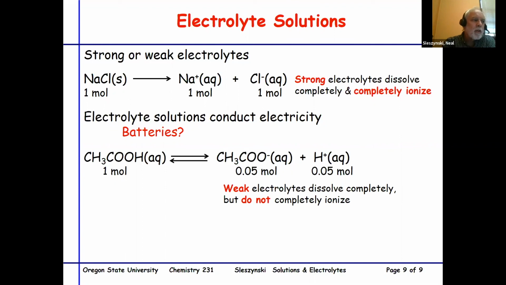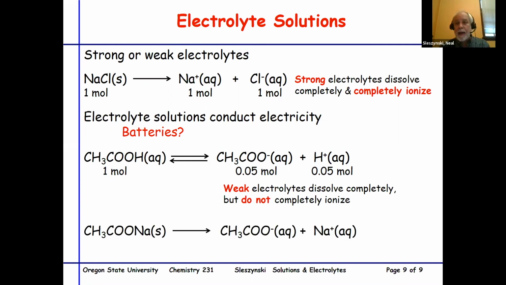So weak electrolytes dissolve completely in solution, but do not completely ionize. So I don't get all the ions that I want if I'm interested in an electrolyte solution. Oddly enough, though, if we take an acid like acetic acid and we neutralize it with a strong base like sodium hydroxide and isolate the result, which would be a compound called sodium acetate, sodium acetate is a completely ionic compound.